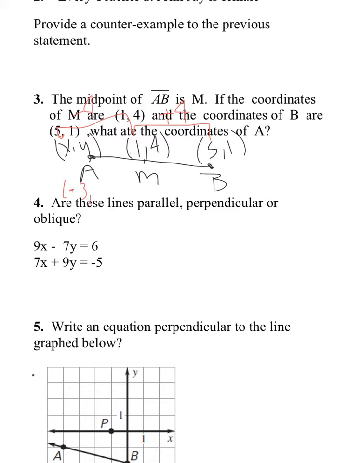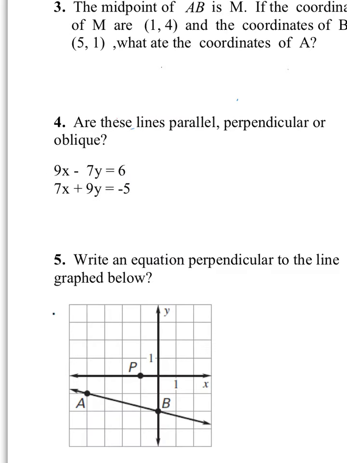So that's the x-coordinate of A. Now, do the same thing for the y's. 4 to 1, you had to subtract 3. But to get to the other y, you would have to add 3. 4 plus 3 is 7. So (-3, 7) is the point A. If you want to use the formula, you'll have that there on the day of the test, but you'll have to do a little bit of algebra for that.